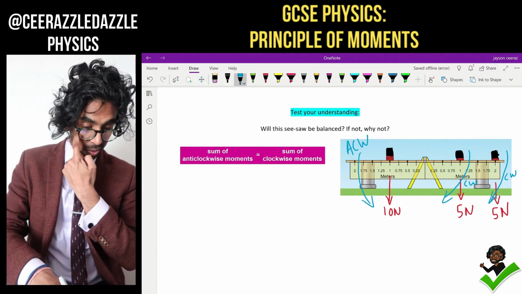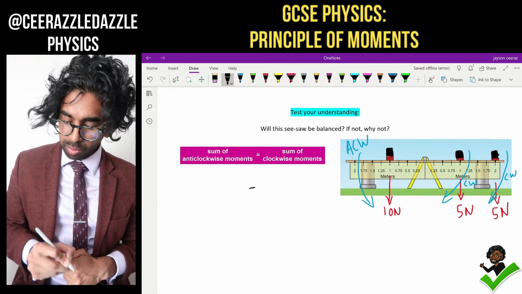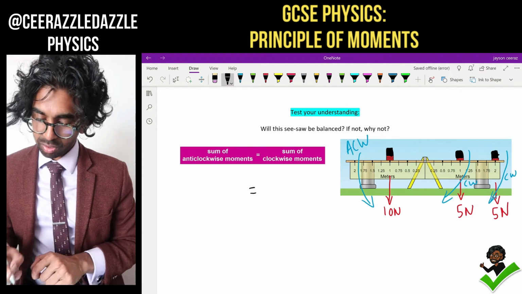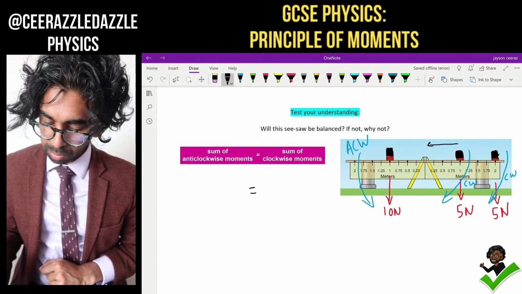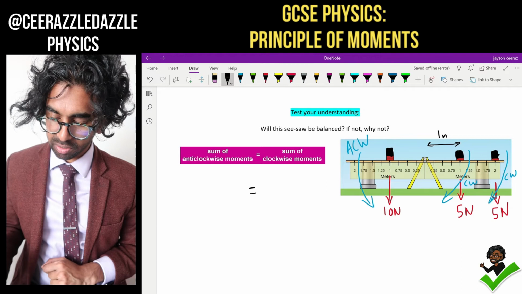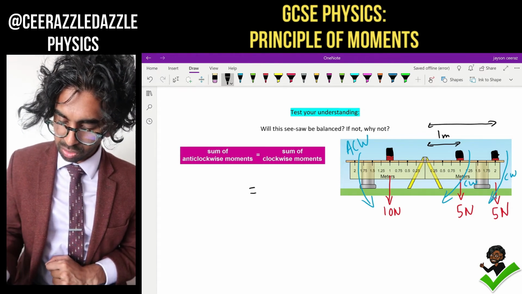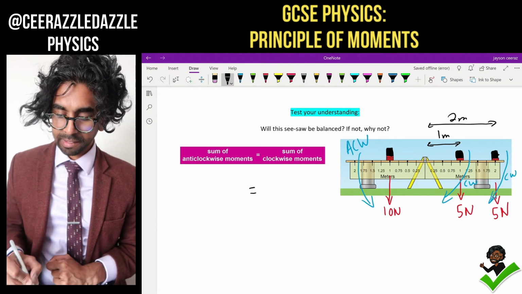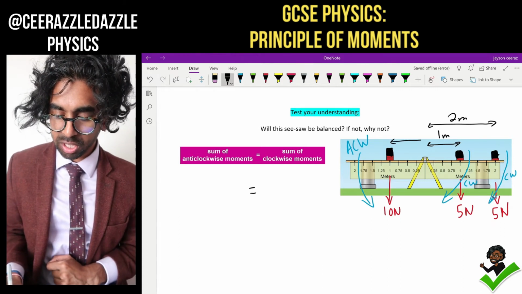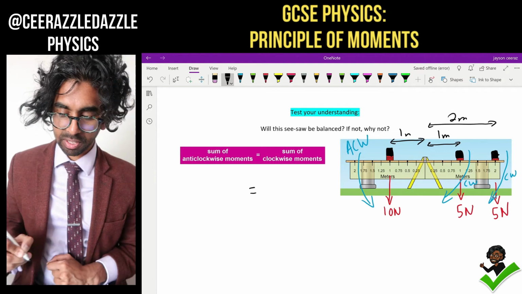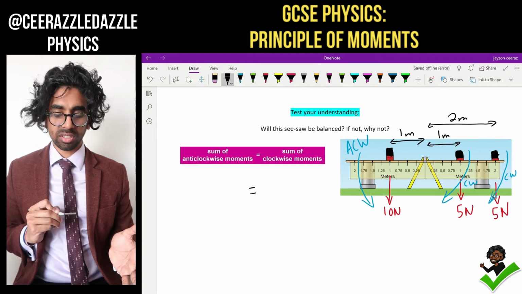Okay, so let's do it step by step. So which ones are the clockwise moments? So we've got this one. Let's work out the distance to the pivot. This is 1 meter. The other one, distance to the pivot, this one is 2 meters. This set of bricks on this side over here, this one's going to be 1 meter. So now we have the forces and we have the distances.